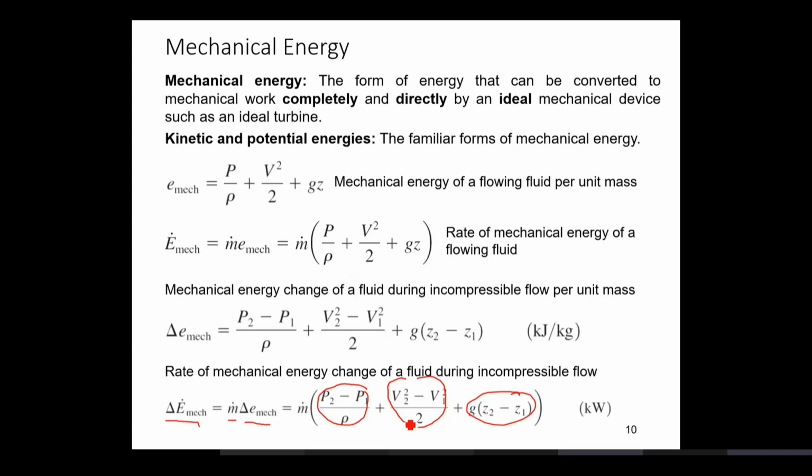Yes, sir. So for the turbine, these two terms are essentially zero because there's no mention of the velocity and the elevation. They are almost zero for the turbine. The important thing is the change in the pressure, which would give you the change in mechanical energy of the fluid. Clear enough? Yes, sir. Understood.